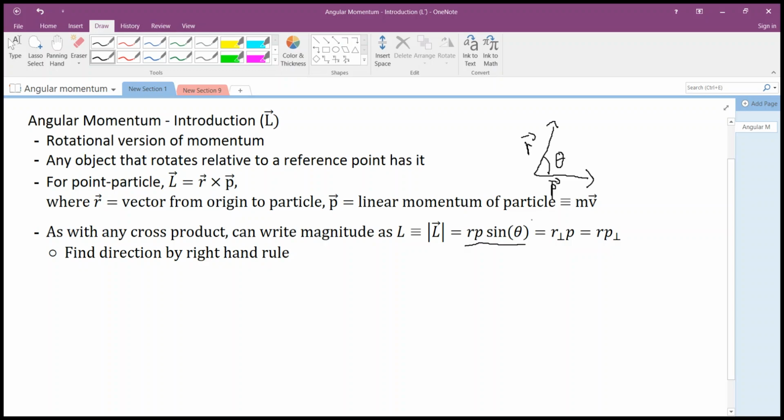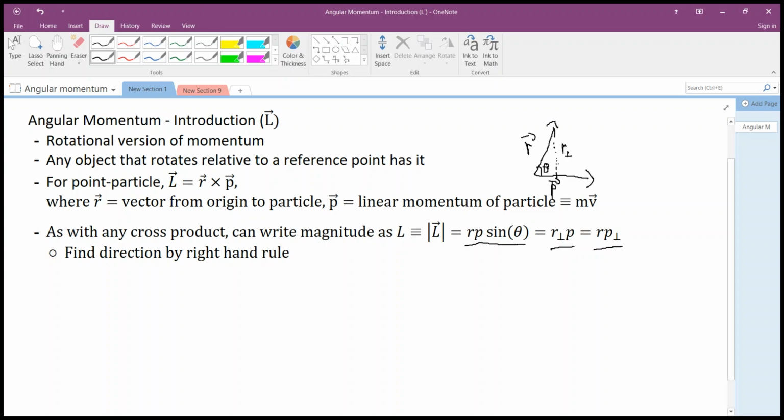Alternatively, you can use these formulas that look at perpendicular components. The magnitude is either the perpendicular component of r to p times the magnitude of p, or it is the magnitude of r times the perpendicular component of p to r. As a reminder of where this comes from, note as follows.